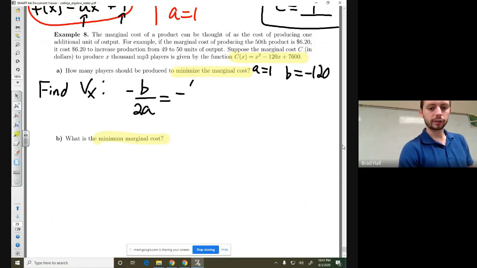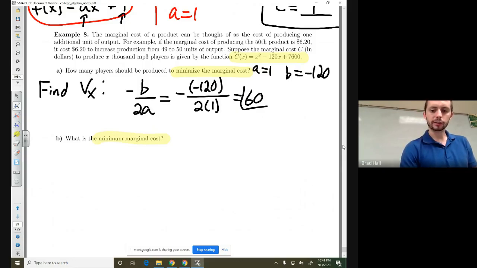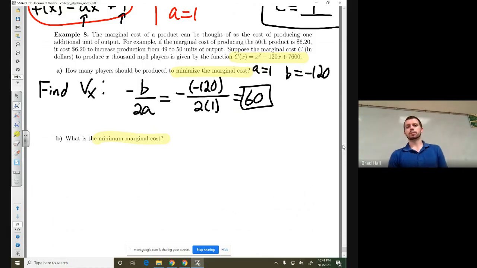So minus negative 120 divided by 2 times 1, and that just seems to be 60. So that actually answers part A. So for any problem that asks you to find a minimum or a maximum, you're just finding the x-coordinate and then the y-coordinate of the vertex. That might help you with 2 or 3 of your homework questions right there.